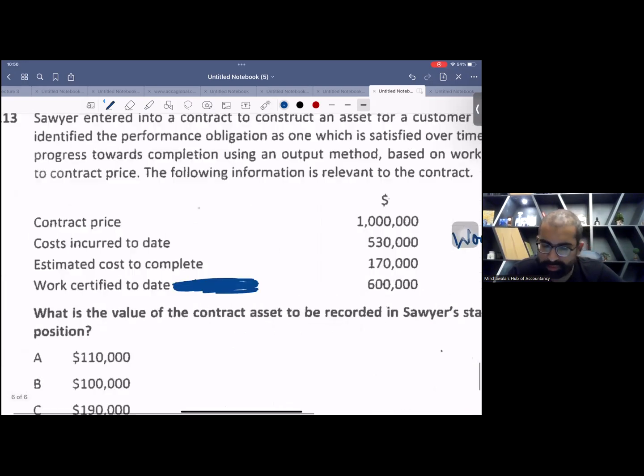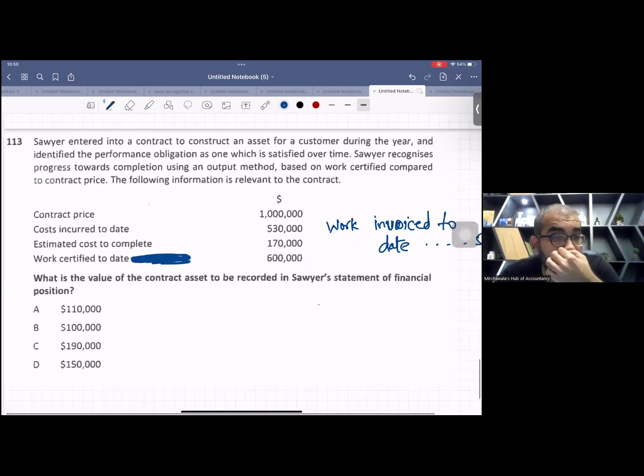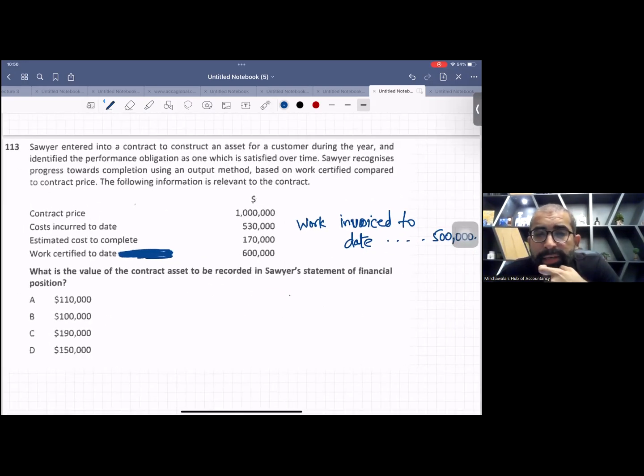Now, this question I have taken from the Kaplan kit, but I just added one thing in that. I amended that question with the latest requirement. Sevier Company entered into a contract to construct an asset for a customer during the year and identified the performance obligation as one which is satisfied over time.